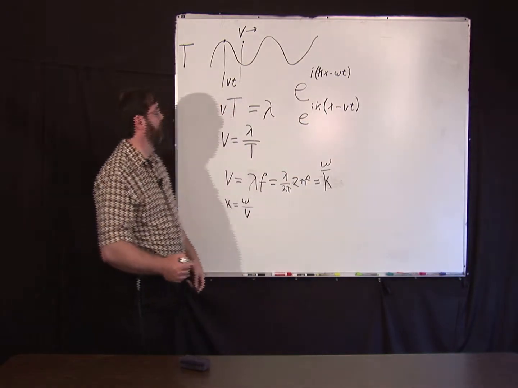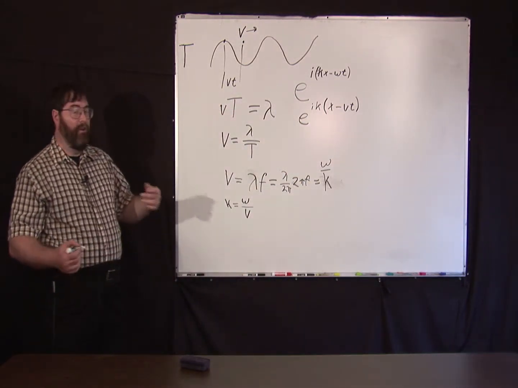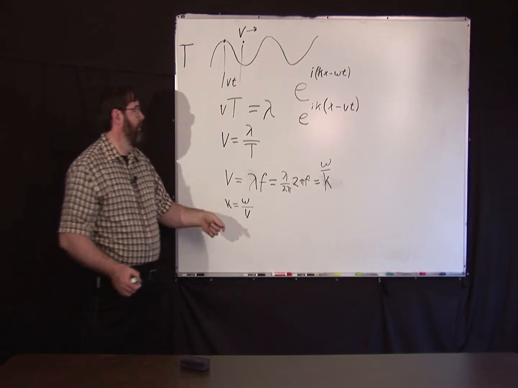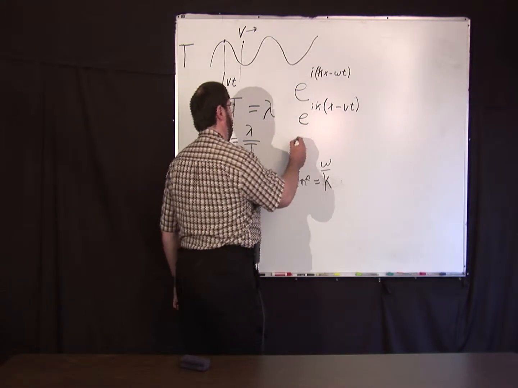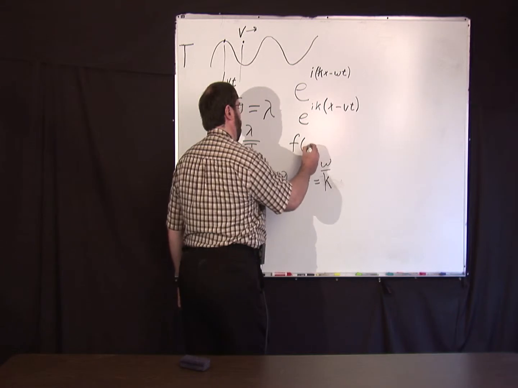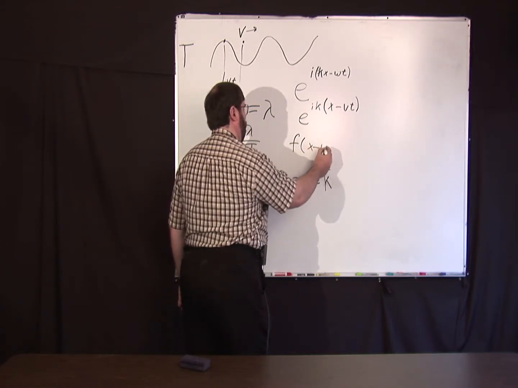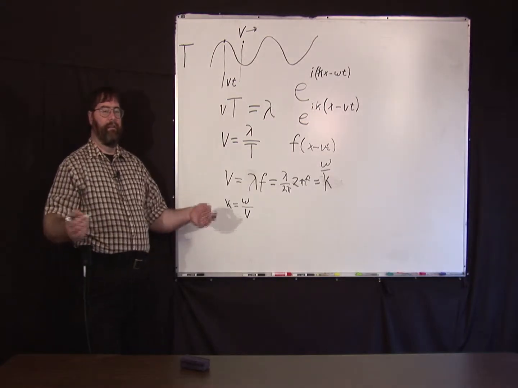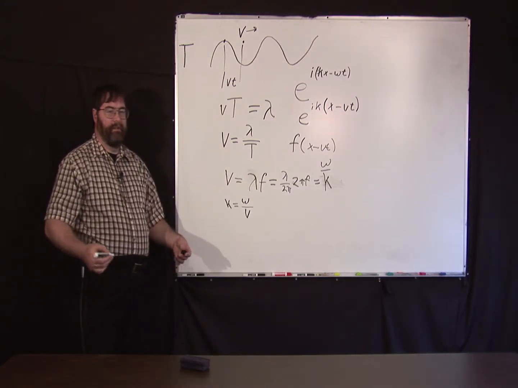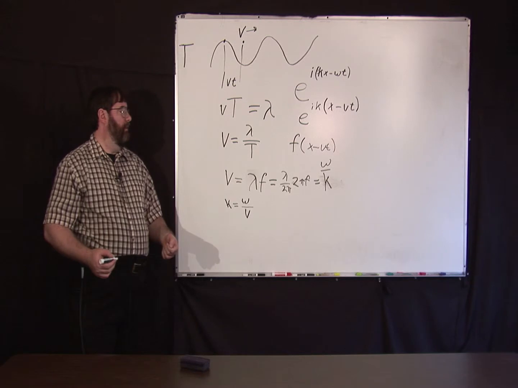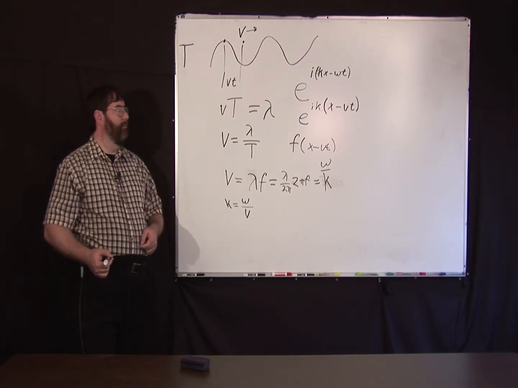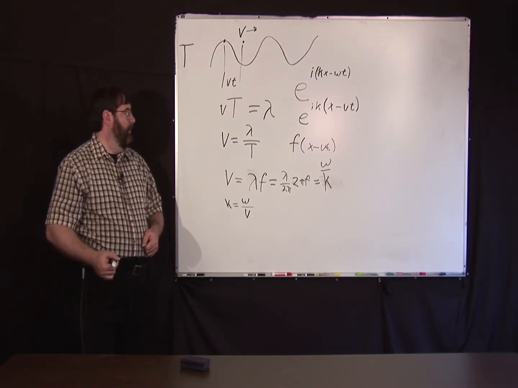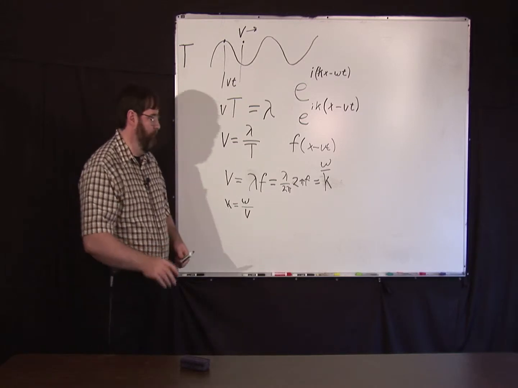It turns out there's something called the wave equation that all waves follow, and all waves are of the form x minus vt. You can prove that, but I'm not going to do that here. If you've had some basic differential equations, you've probably seen this before. But that's not what we want to talk about here.